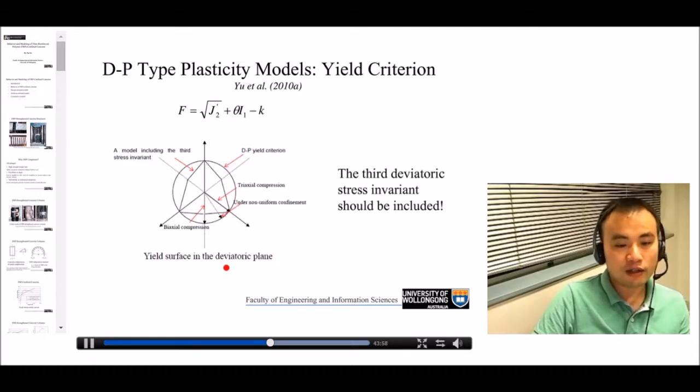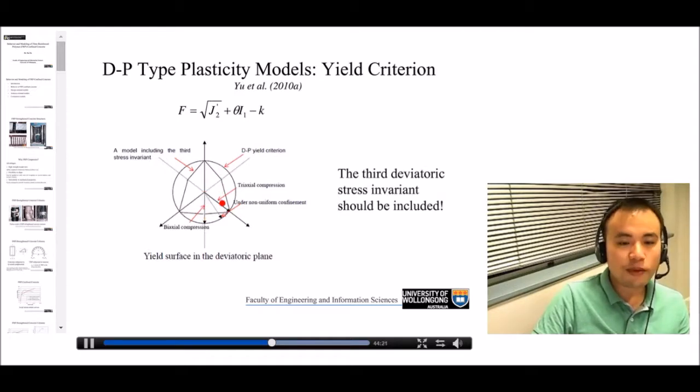If you look at the deviatoric plane of the stress space, then the DP yield criterion can be represented by a full circle, because the J2 value is the same in this deviatoric plane.